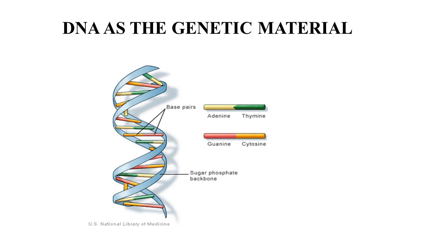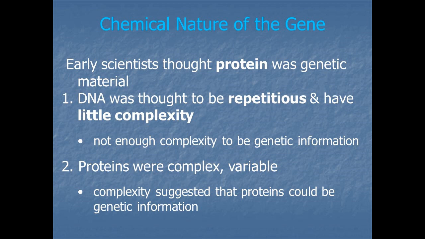Before going on to the topic, let us see some basic things about the chemical nature of the gene. Gene is nothing but DNA. Early scientists thought that protein was the genetic material, and DNA was thought to be repetitious with little complexity.